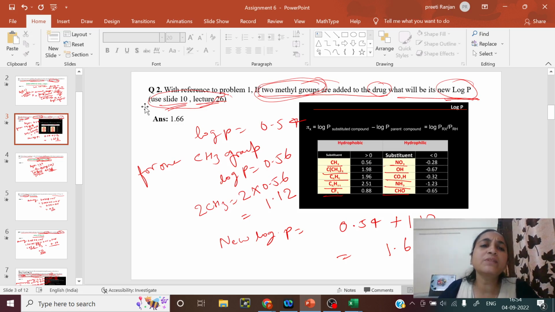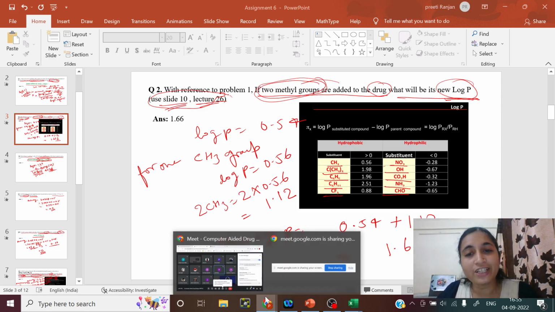But the question itself says to use slide 10 of lecture 26. So this is slide 10. You can go to lecture 26 and check it. In the examination, they will provide the value along with the questions. In place of this, use slide 10, lecture 26. They will write down the value of the CS3 0.56. So don't worry. In the exam, they will provide all the materials you require for the questions.